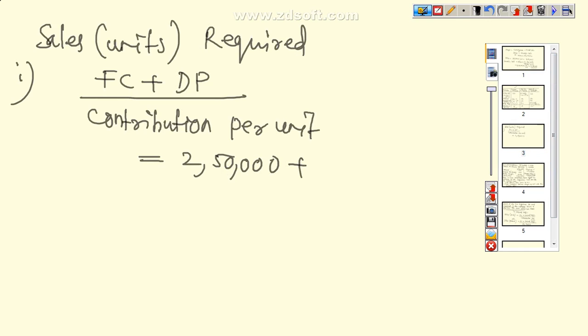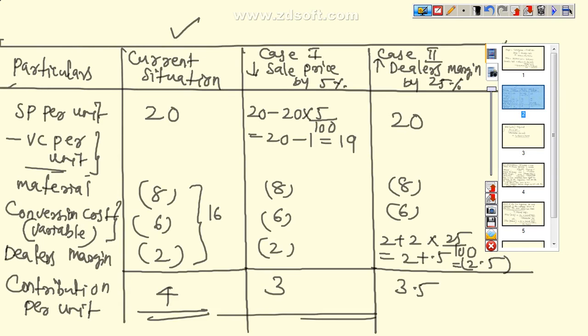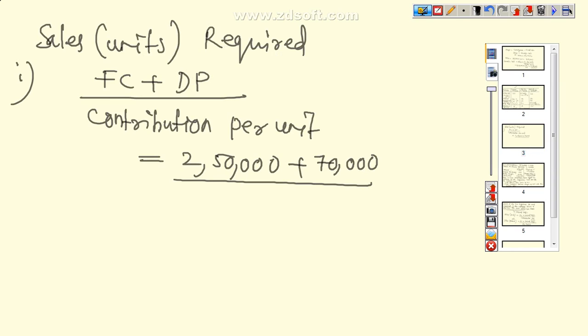So we write it here 70,000 upon contribution per unit of case 1, that is 3. So here we write 3, that is equal to 1,06,667 units.